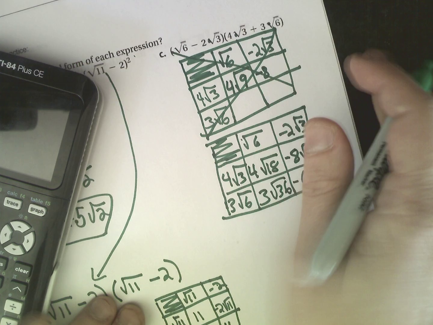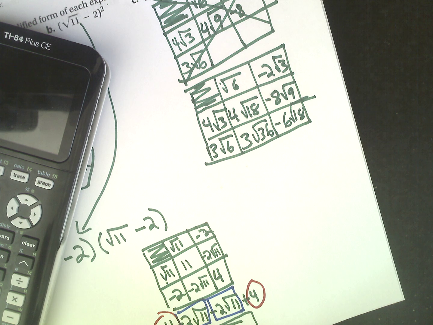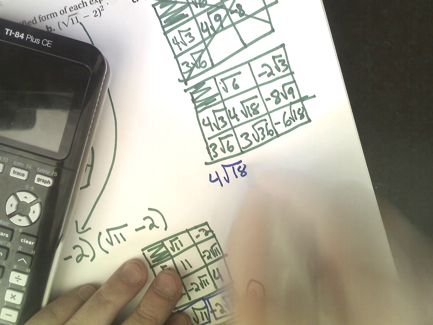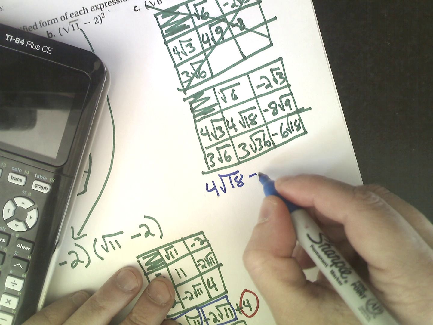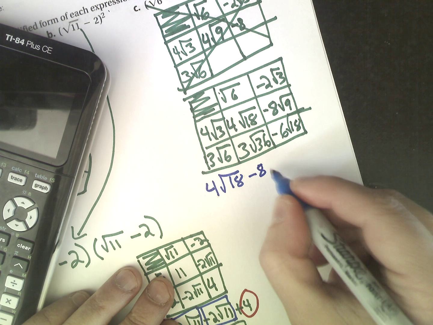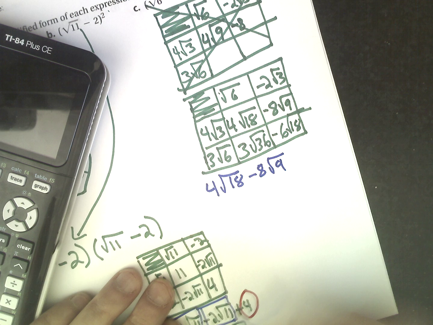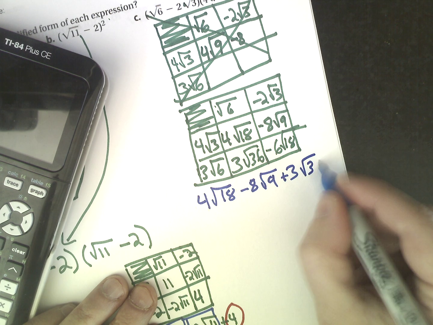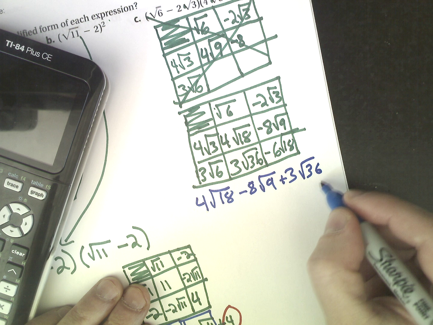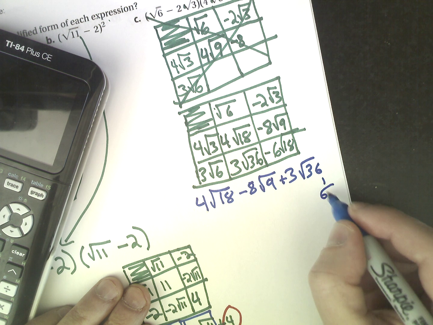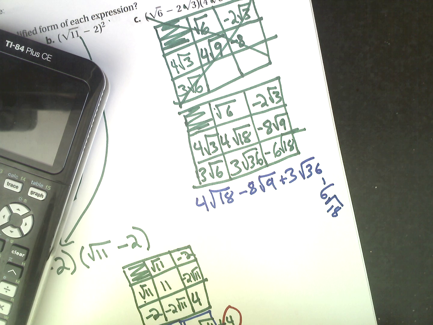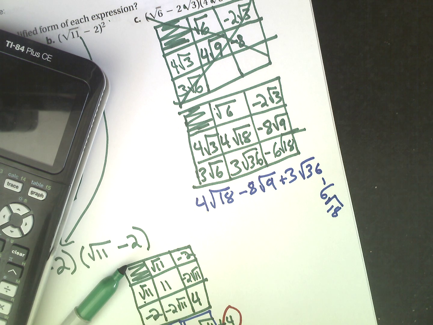So let's pull out all these numbers and see what they look like. Okay, let's do it in blue. So I got 4 square root of 18. I have negative 8 square root of 9. I have positive 3 square root of 36. And I have negative 6, oh boy, negative 6 square root of 18. Well, there's a couple things I can do right off the bat.